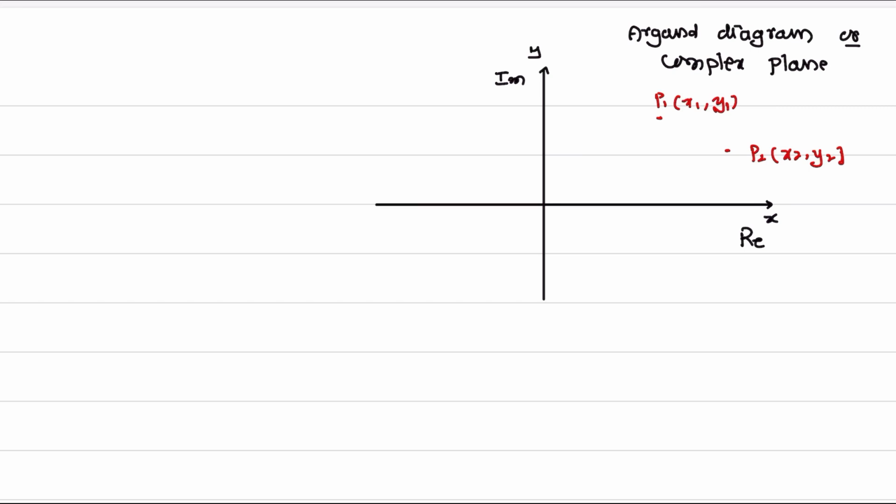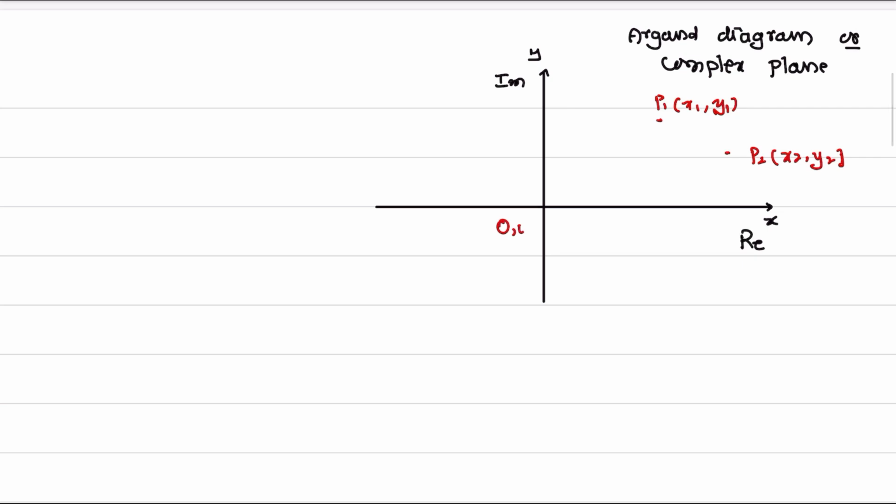O is the origin (0, 0). Connecting OP1 and connecting OP2 represents two vectors which are nothing but complex numbers.